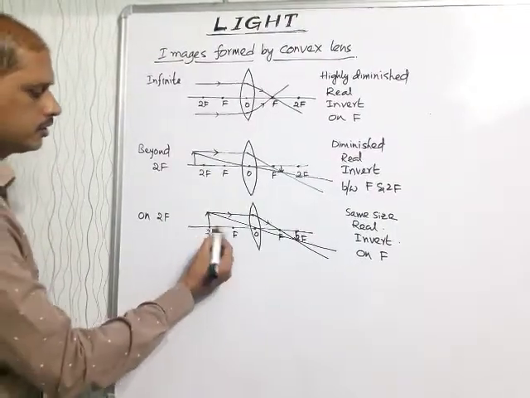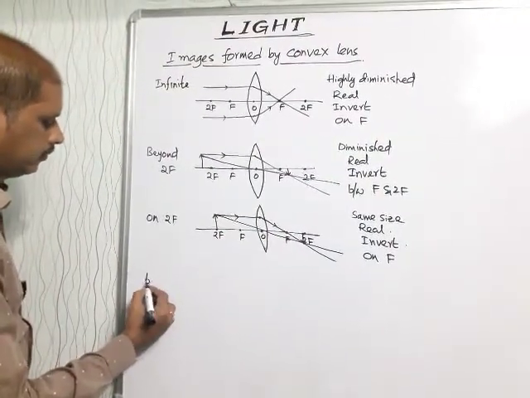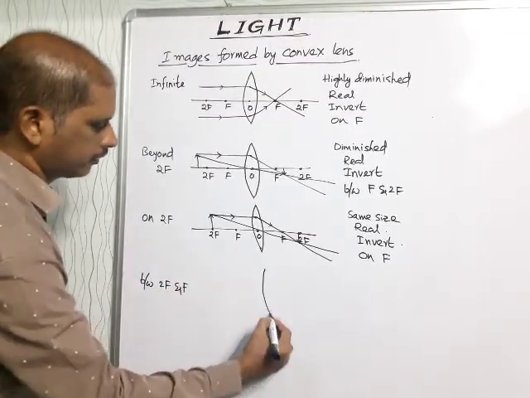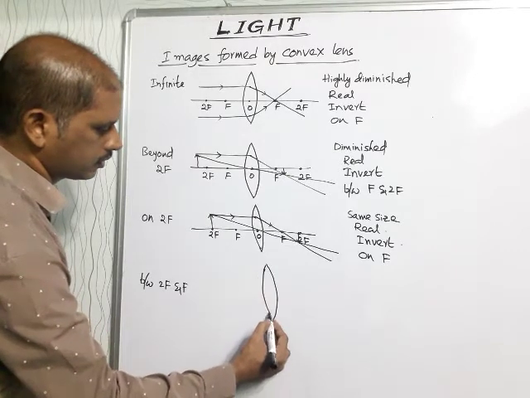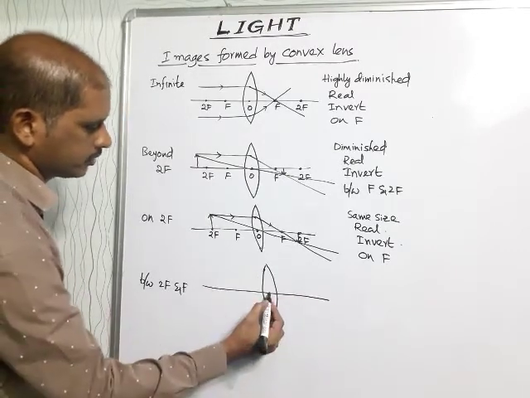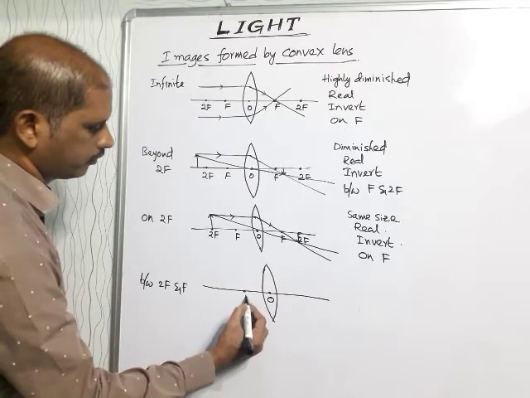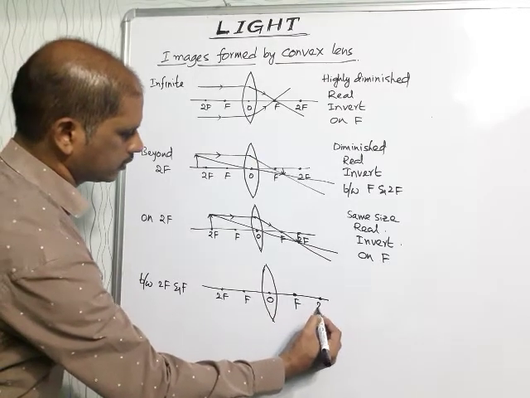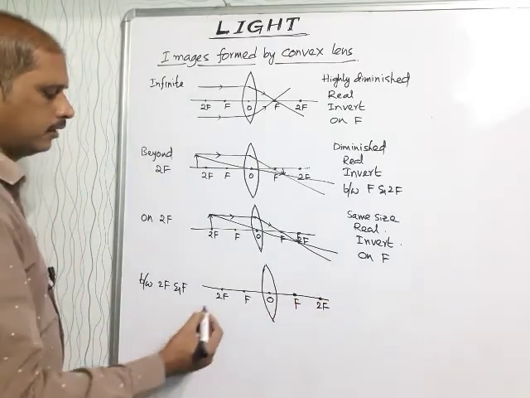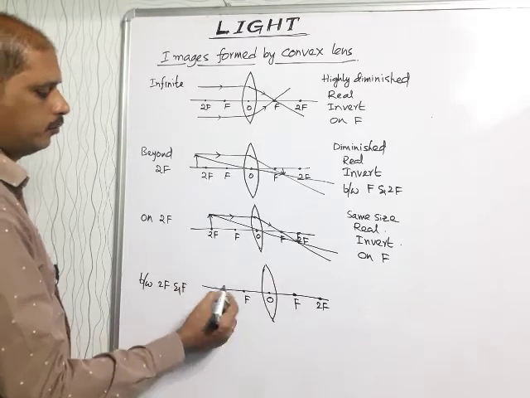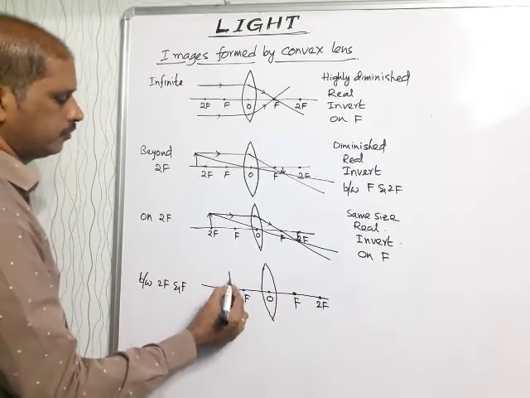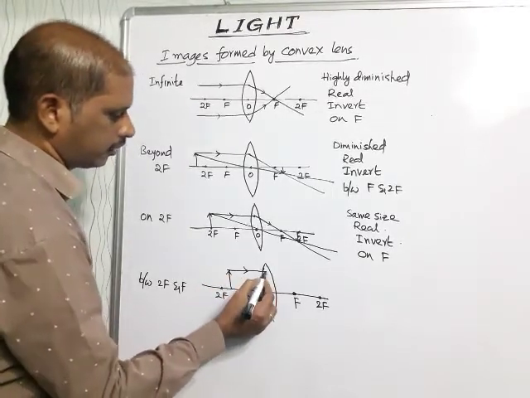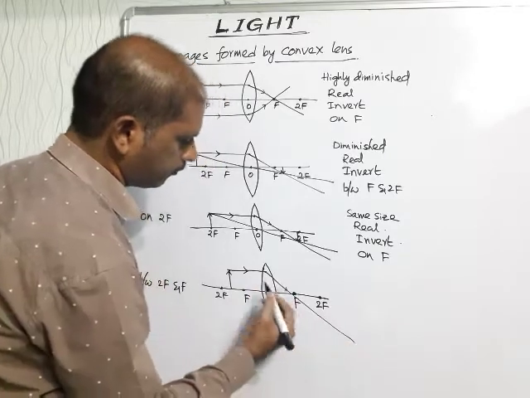Next, the object is kept between 2f and f. Again take the convex lens, principal axis, optical center, focus, 2f, this is also focus, and center of curvature 2f. Now the object is kept between 2f and f, here. Again you have to take a parallel ray. After refraction it passes through the focus.